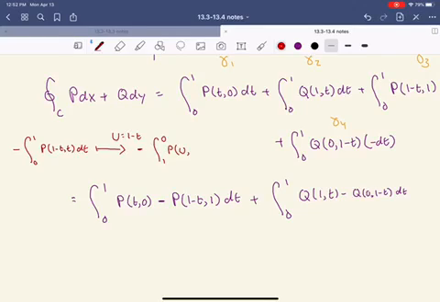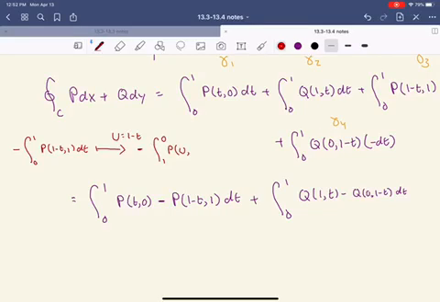Now, I'm not changing this one, I'm just changing the integral here. The reason is that should have been a 1. Over here it was a 1.